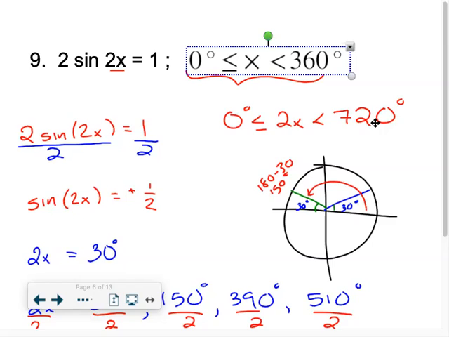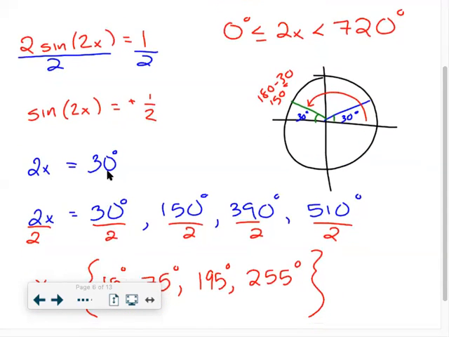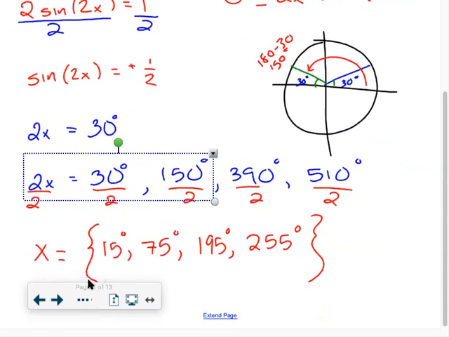Then we're going to add intervals of 360 degrees once I find these 2 initial base angles, 30 degrees and 150 in the 2 quadrants 1 and 2 here. I continue to add 360 degrees to each one of these until I am outside of my interval of 720. Once I'm there, then I isolate my variable x, divide everything by 2, and then I have my 4 angles here.